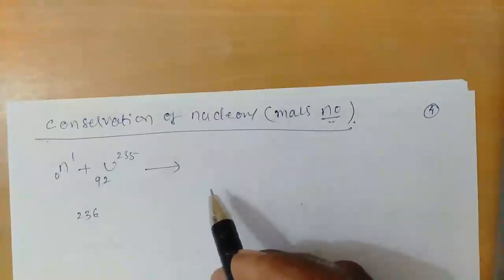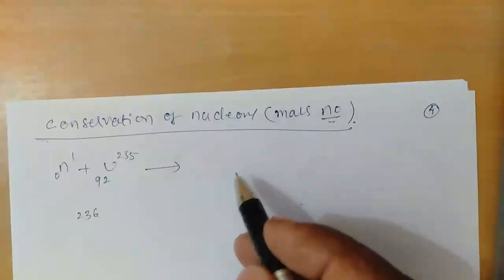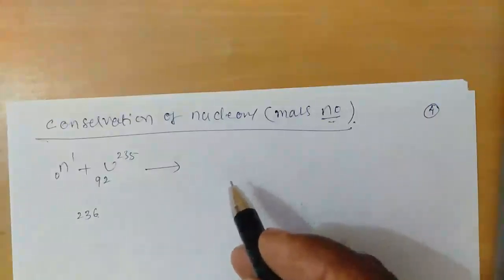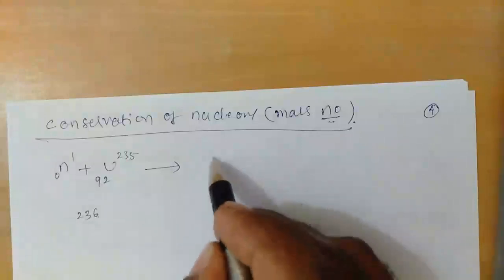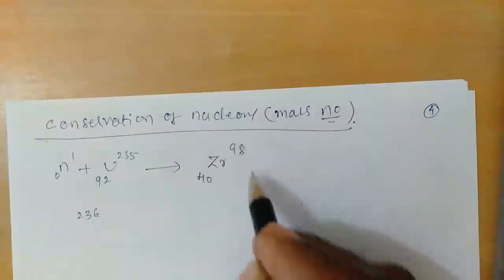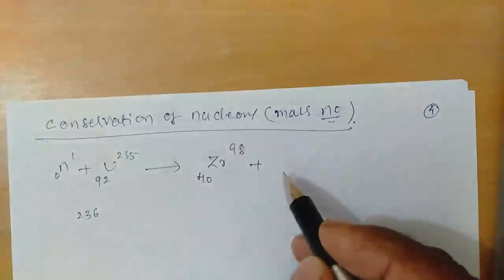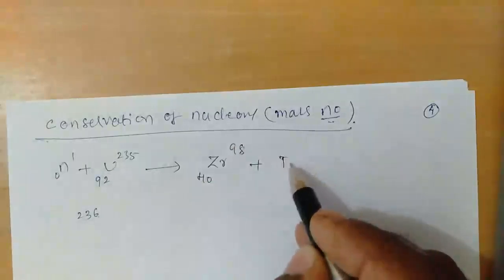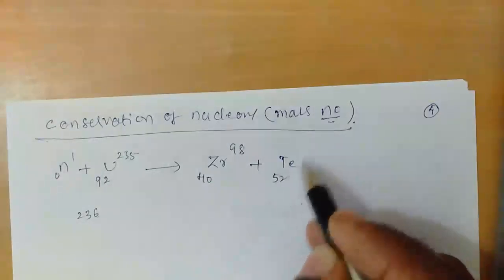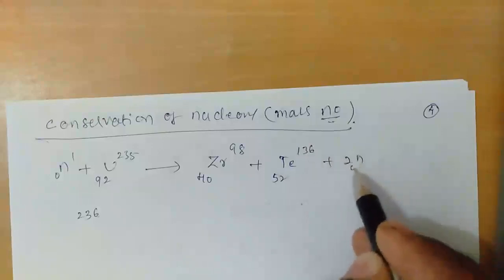A nucleus that is formed is zirconium, Zr, with atomic number 40 and mass number 98. And another element that is formed is beryllium, whose atomic number will be 52 and mass number 136, plus 2 neutrons are released.